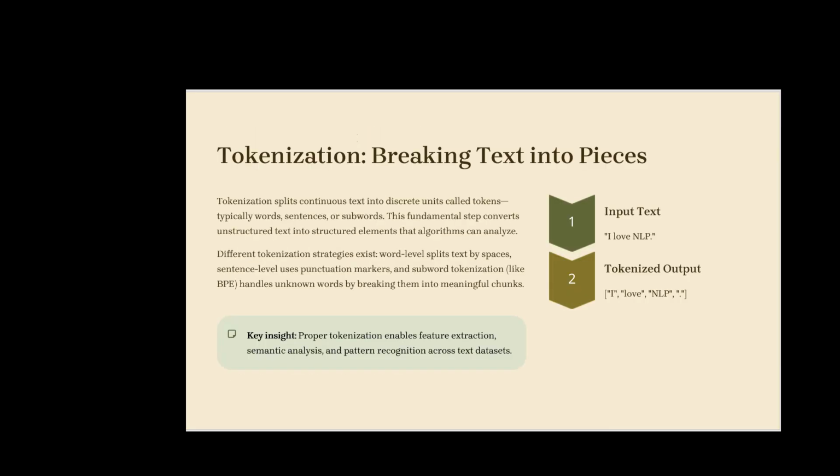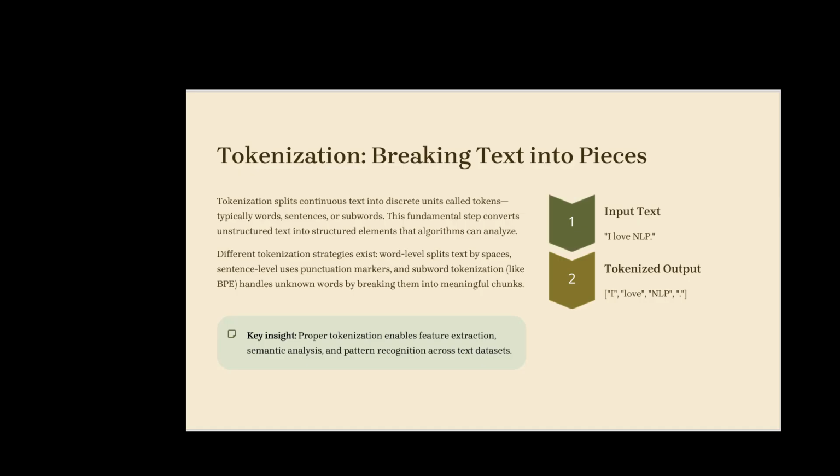Well, moving to the next important step, which is tokenization. Tokenization involves splitting the entire text into discrete units which are referred to as tokens. Now, these could be words or sentences or subwords. Well, basically, if you have a huge paragraph, you are splitting it into sentences.